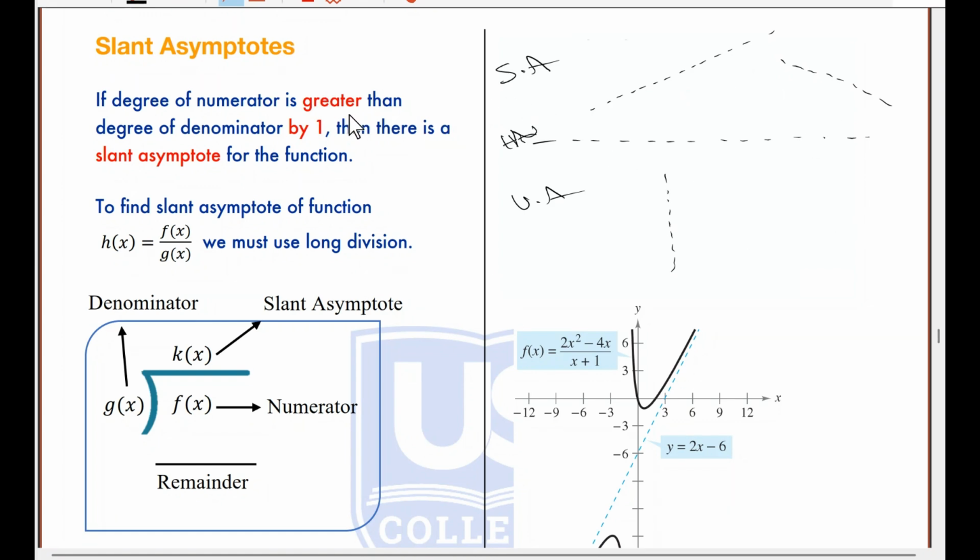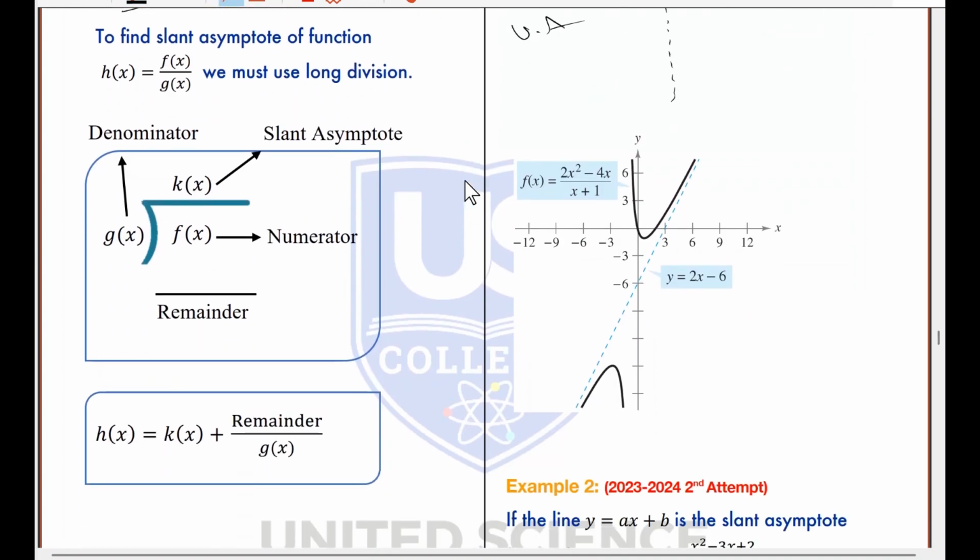First of all, we need to know that if the degree of the numerator is 1 more than the degree of the denominator, then we have a slant asymptote. This is important. The degree of the top should be 1 more than the degree of the bottom, then we can talk about slant asymptote. And in order to find it, we have to do long division.